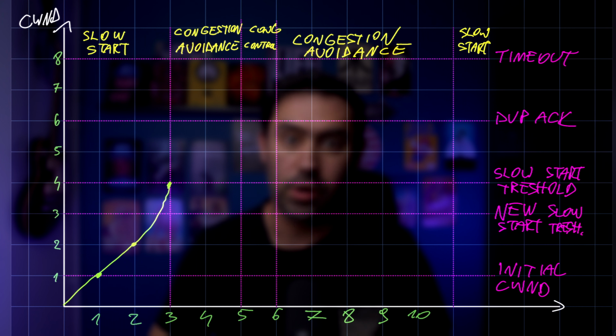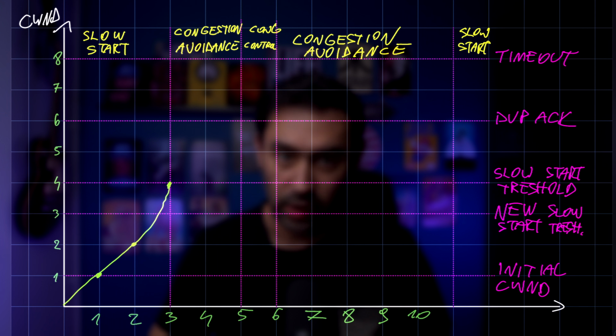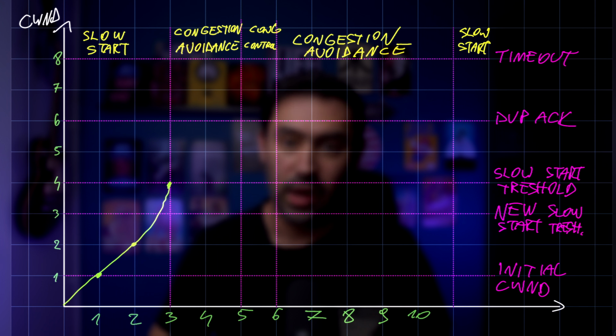Congestion window will grow exponentially until either slow start threshold is reached, or receiver advertised window is reached, or packet loss is detected. If the slow start threshold is reached, the congestion avoidance phase starts. In this phase, the congestion window grows linearly by adding one segment for each acknowledgement received to avoid triggering congestion.